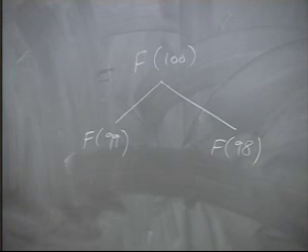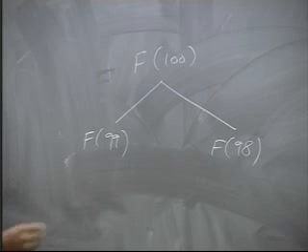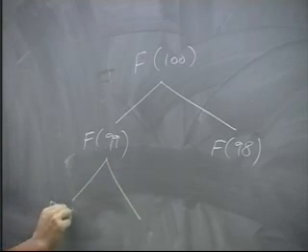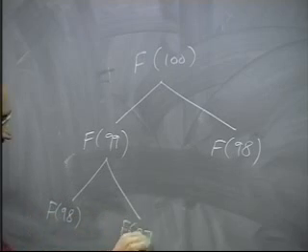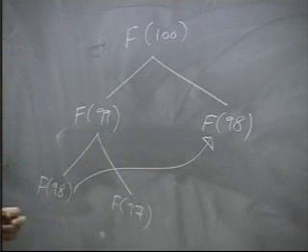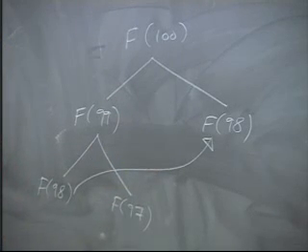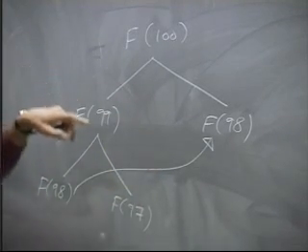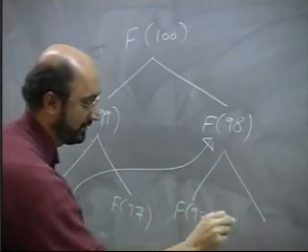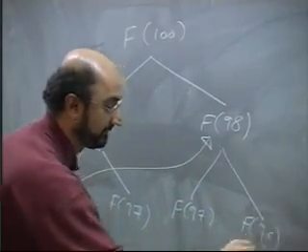Now the nice thing over here, we're going to look at memoization, is that F99 in turn is F98 and F97. But guess what? This F98 is the same as that. All right? The same as that. And similarly F98 is F97 and F96.